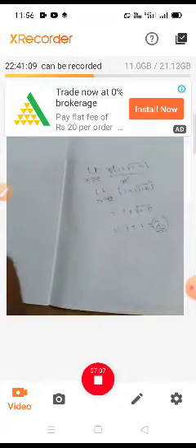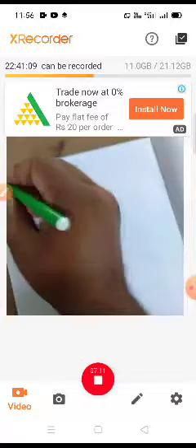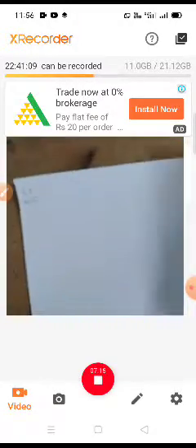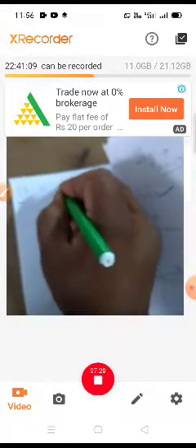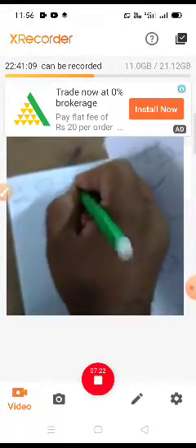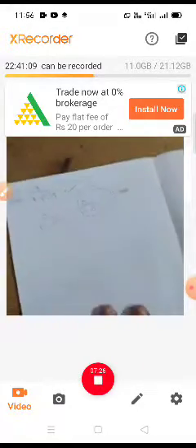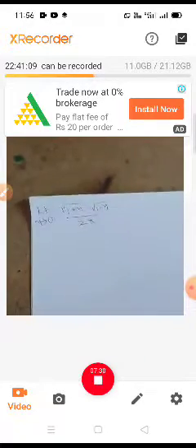Now we have to see another problem. That is limit x tends to 0, root 1 plus x minus root 1 minus x by 2x.